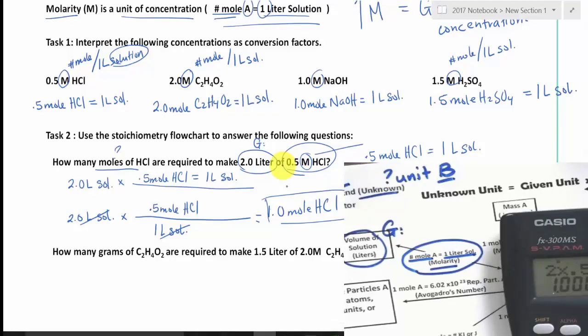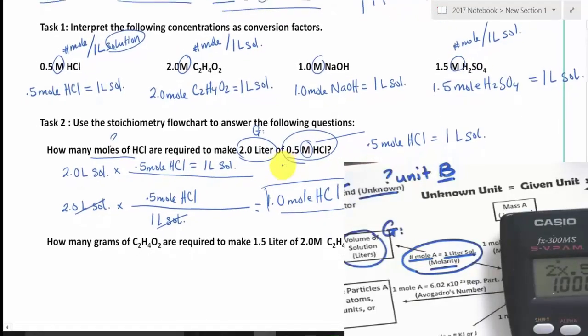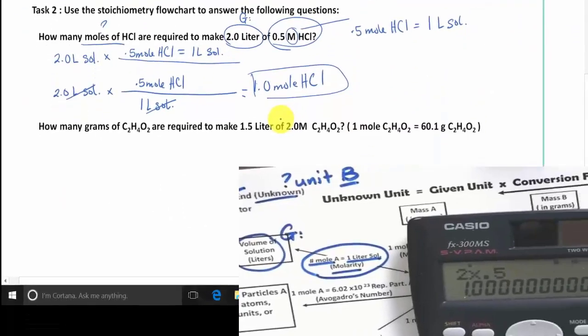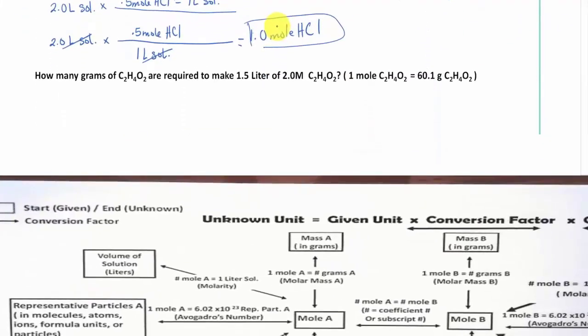Isn't that easy? The same thing like we did before, using the stoichiometry flowchart. Are you ready for something more challenging? Let's try a more challenging one. How many grams of C2H4O2 are required to make 1.5 liter of 2.0 molarity of C2H4O2, and given the molar mass of 1 mole of C2H4O2 is equal to 60.1 grams of C2H4O2.